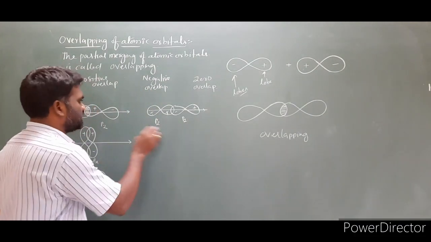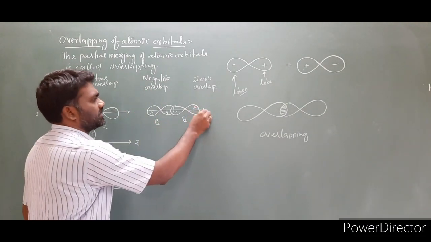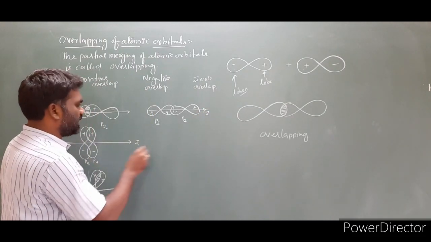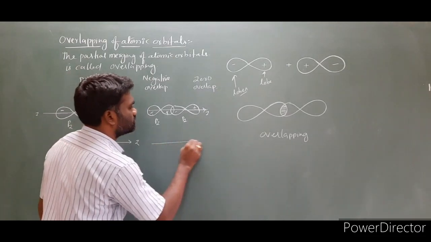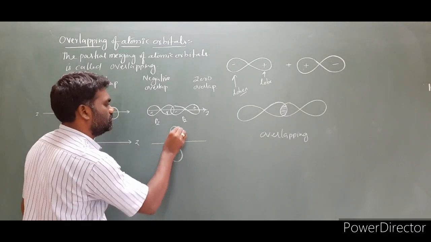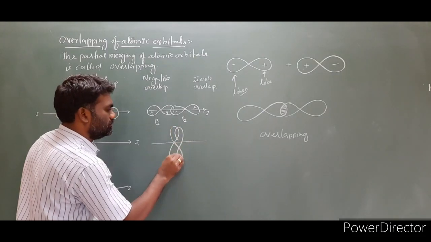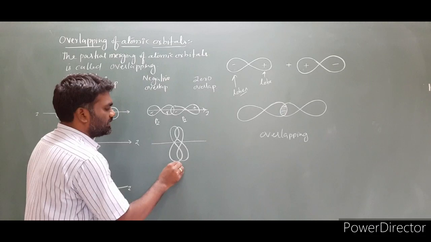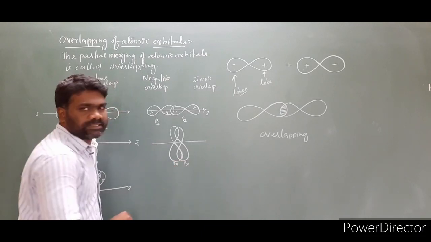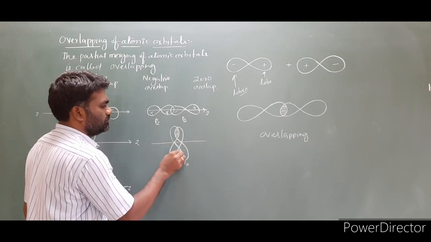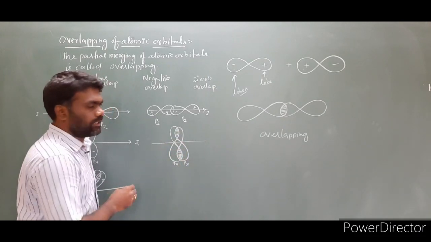Then take this pz orbital, this is the z-axis. Now we can take this px orbital. This is one px orbital, this is another px orbital, this overlapping, this overlapping.